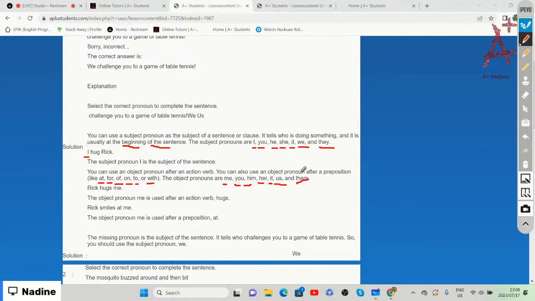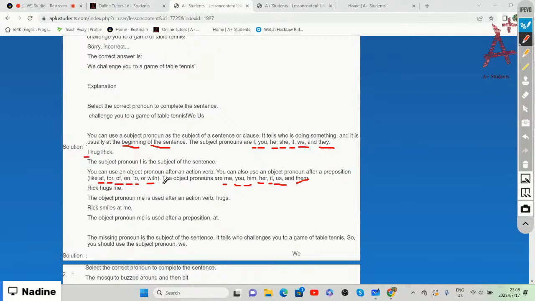Like we said, we usually use object pronouns after an action verb, or after prepositions within a sentence. The prepositions are at, for, of, on, to, or with.